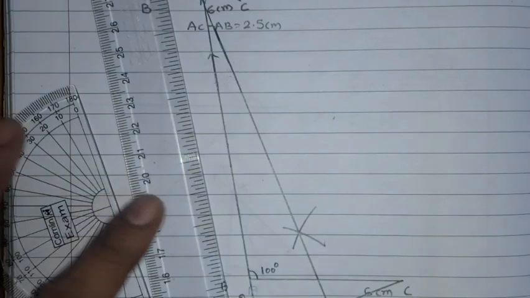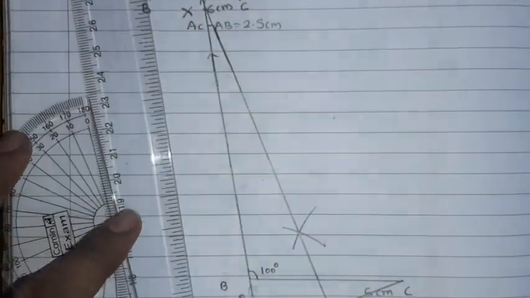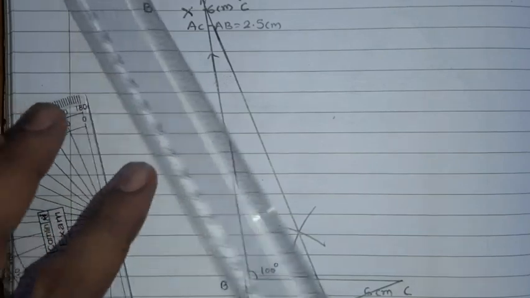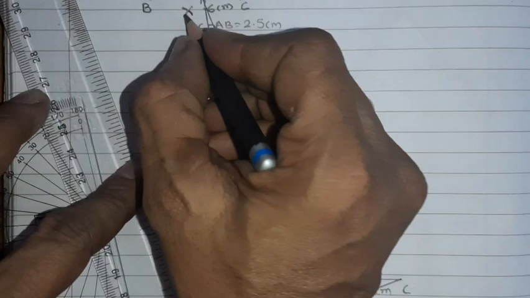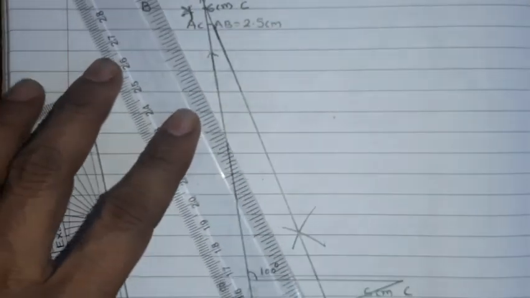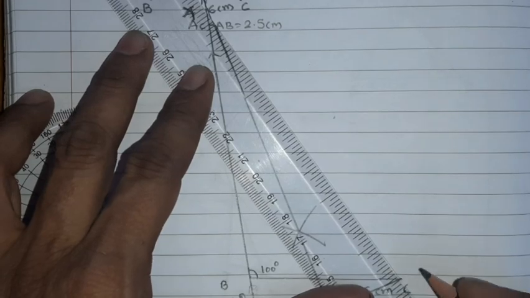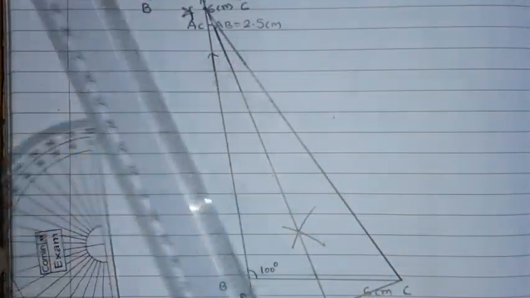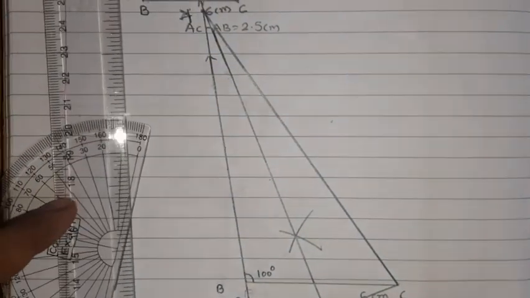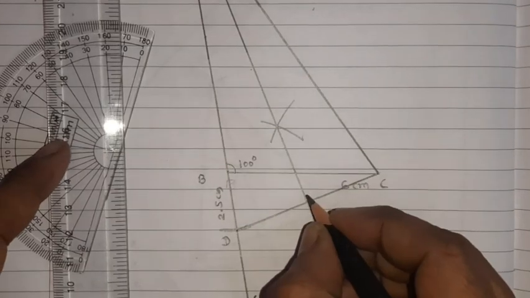Dear student, see, this point of intersection is a point X. Now this X we have to join with, sorry, not X, it is a point A, and this A we have to join with this C. Got it? Now dear student, see, this is the perpendicular bisector of DC.